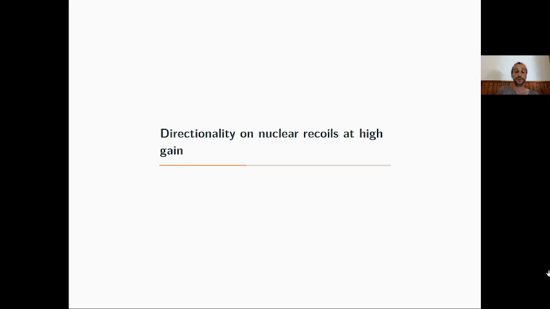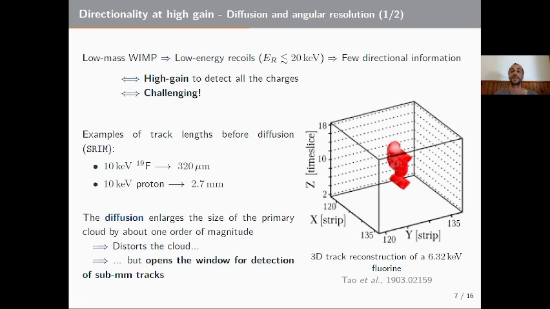Okay, now I will present the results. I will start by describing the directionality at high gain. We are interested in low mass WIMPs, so they induce low energy recoils below 20 keV, and then the directional information is difficult to access. So the first thing is to operate at high gain in order to really detect all the charges.